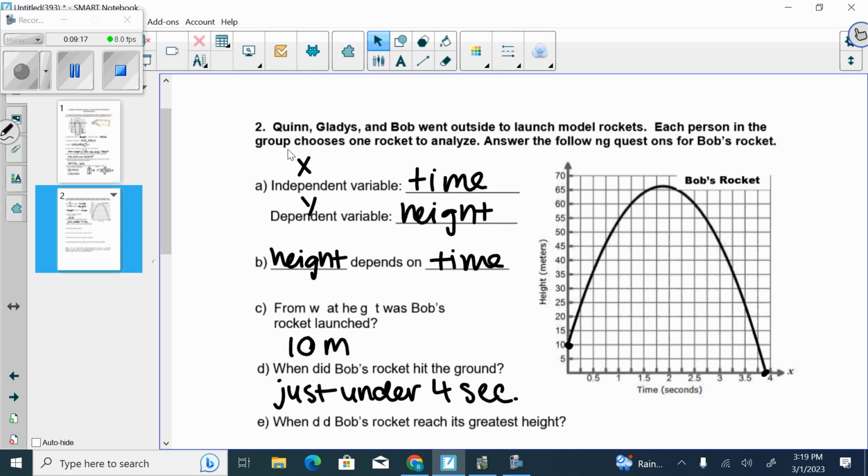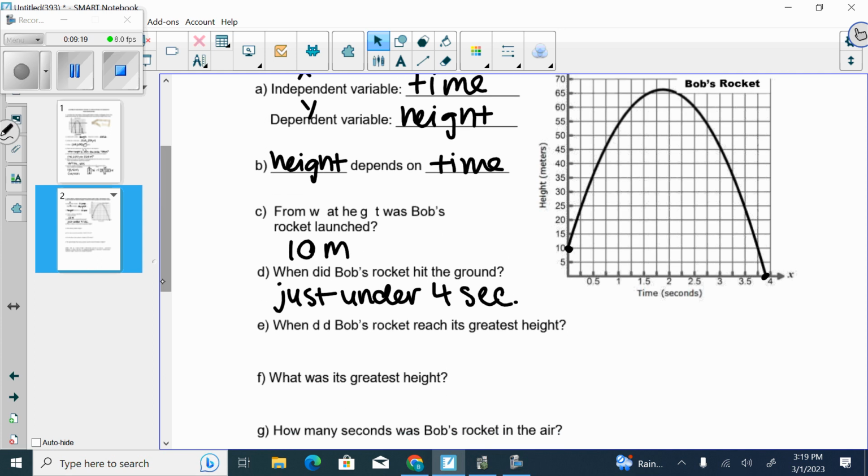Okay. E says, when did Bob's rocket reach its greatest height? So the greatest height would be what we call the vertex, right? So that's up here. Is the height, yes. And how much time has passed? What time is, or how many seconds have passed at that point? 2. Around 2. Maybe a little bit under 2, right?